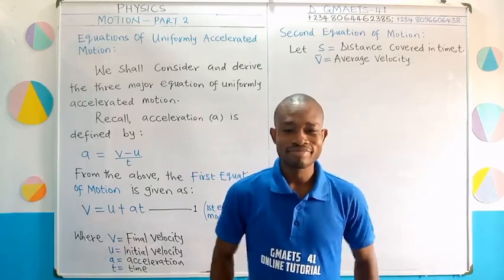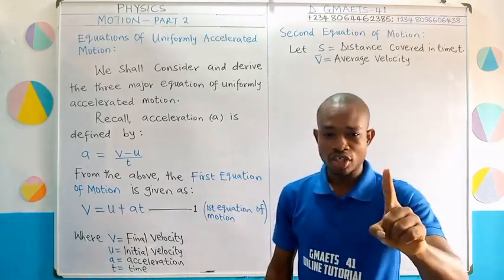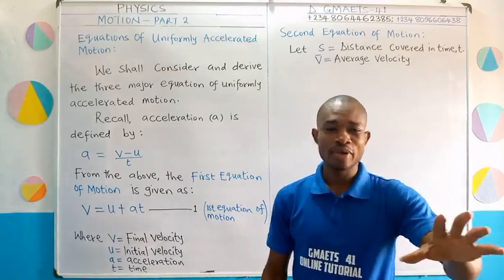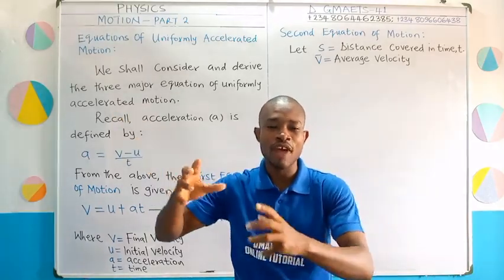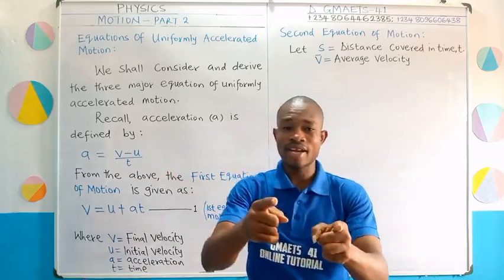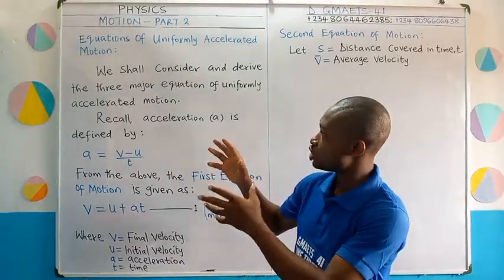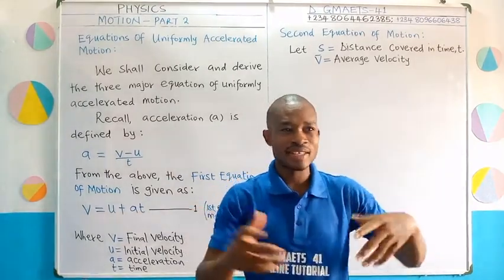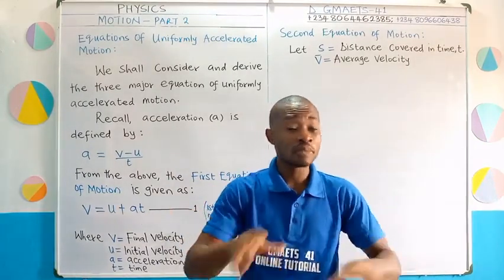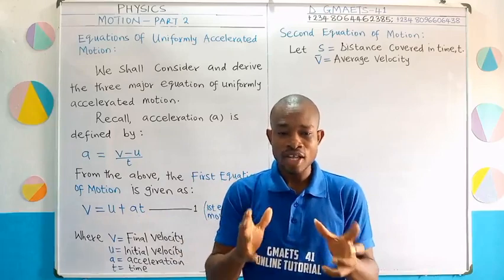Are you ready? The first equation of motion. There we don't have much problem. We are going to take our mind back to the definition of average acceleration. But remember, like I said, in this part 2 aspect of motion, equations of uniformly accelerated motion, we don't refer to anything as average, instantaneous, or uniform acceleration. We take all of them generally as what?